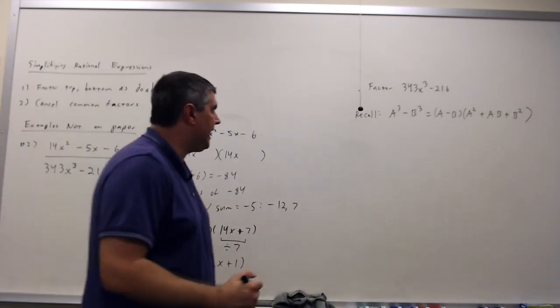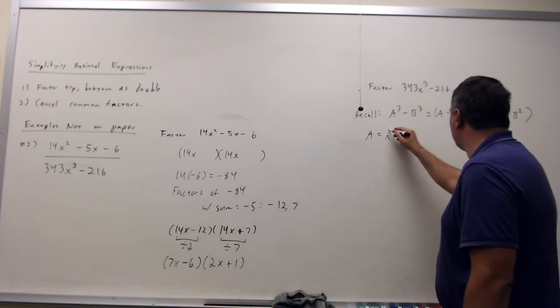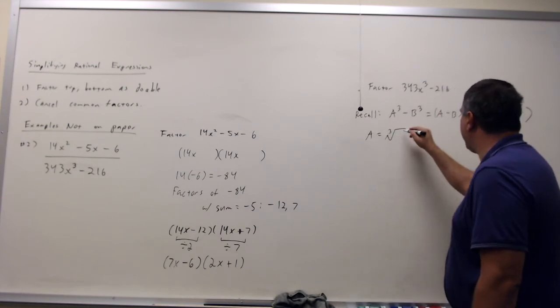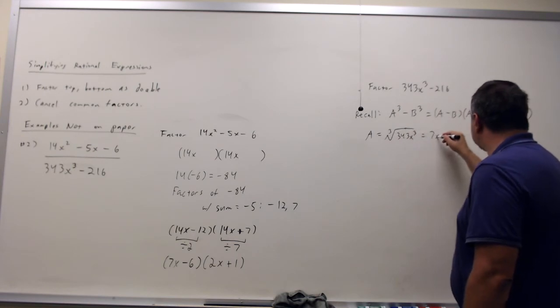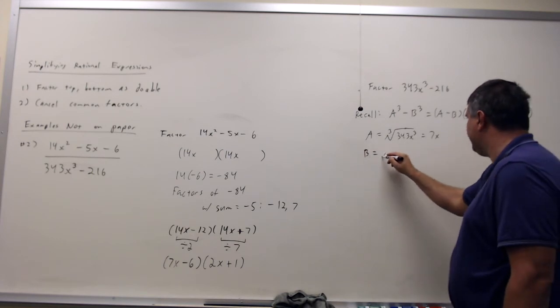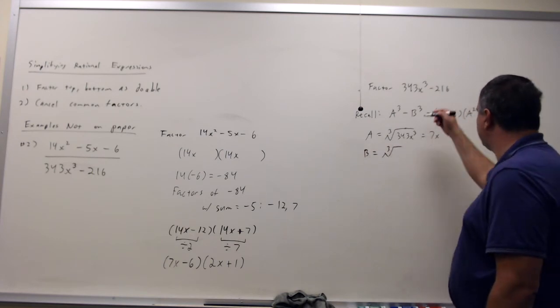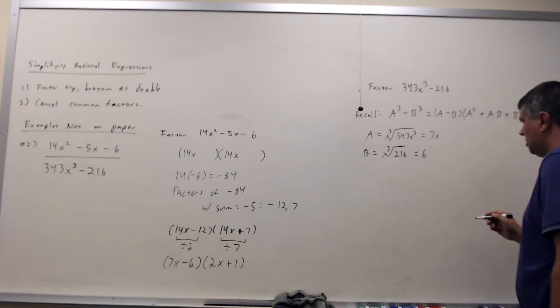So in this case, a will equal the cube root of 343x cubed, which is 7x. B is the cube root of 216, which is 6.